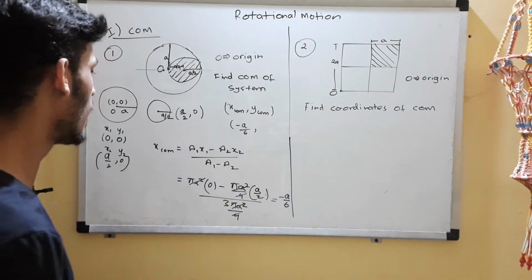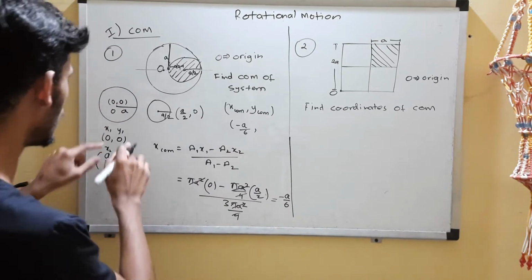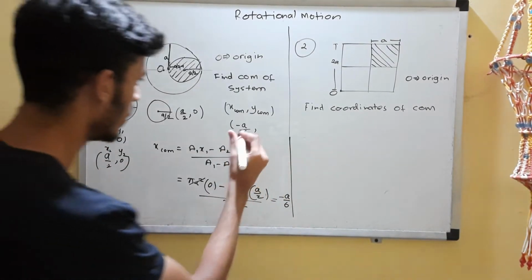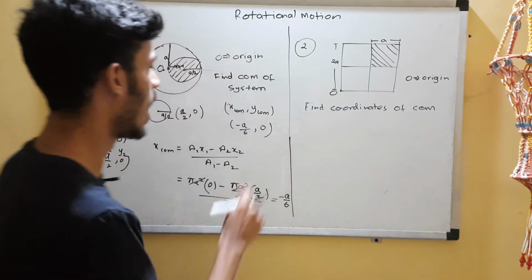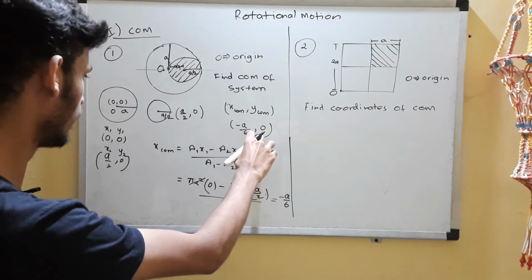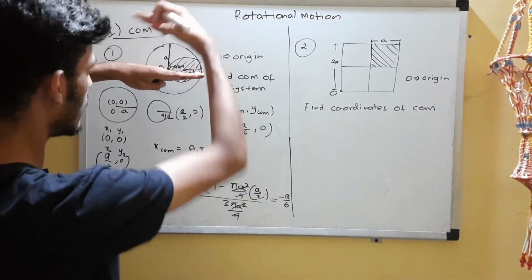Now for YCOM, you'll again use (A1 y1 minus A2 y2) upon (A1 minus A2), and y1 and y2 are 0, so of course this will be 0. It will be 0 again, because about this axis it is symmetric.